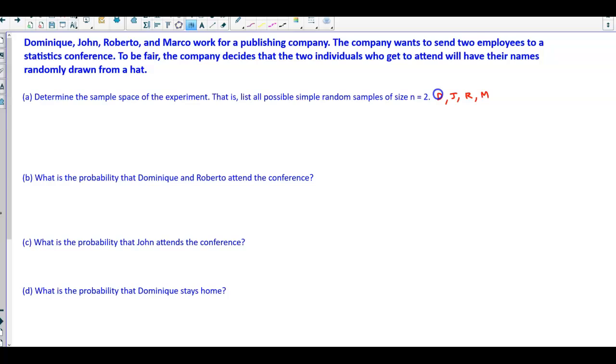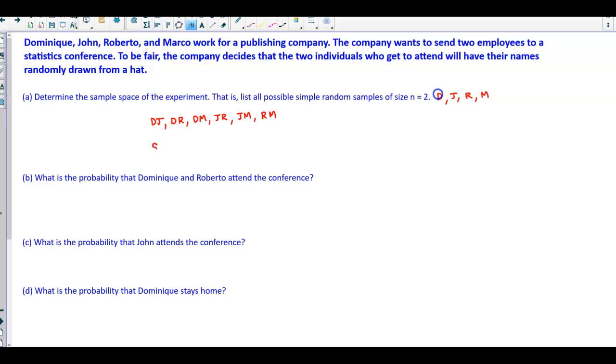In order to get the sample space, we have Dominique and John for the first scenario, and then Dominique and Roberto, and then Dominique and Marco, and then John and Roberto, and then John and Marco, and the last one is Roberto and Marco.